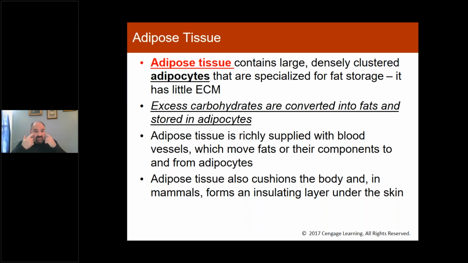Also, for your eyeballs themselves, there is a fat cushion present, adipose tissue there. And if a patient loses a dramatic amount of weight as a result of starvation, the eyeballs can be more sunken in as a result of the loss of that adipose tissue.